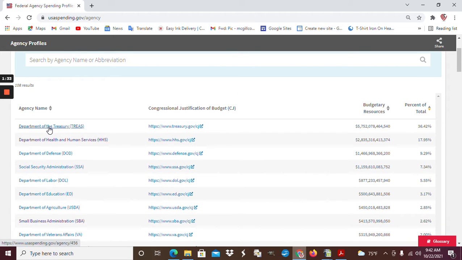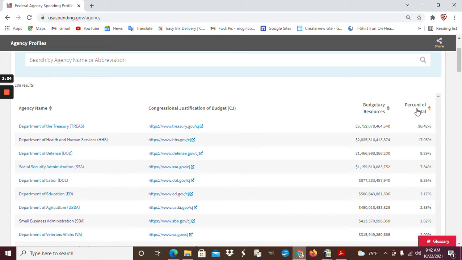Here you have the name of the agency. Right here you have the web address where you can actually go and see, as well as pull up some of the downloads on where this money is going. Right here you have the budget. This is your budget resource category. This is the amount of money that's going to this particular department.